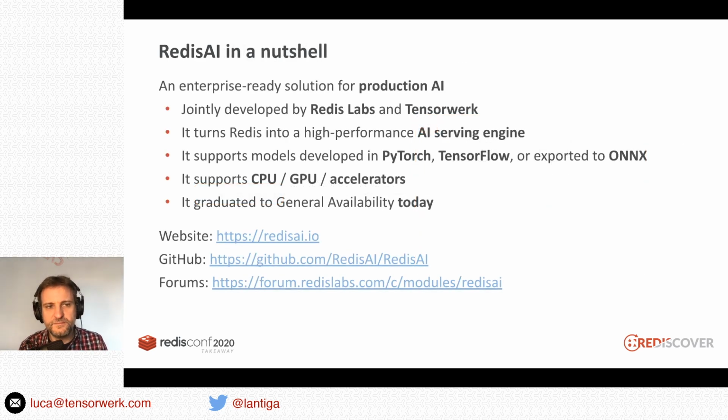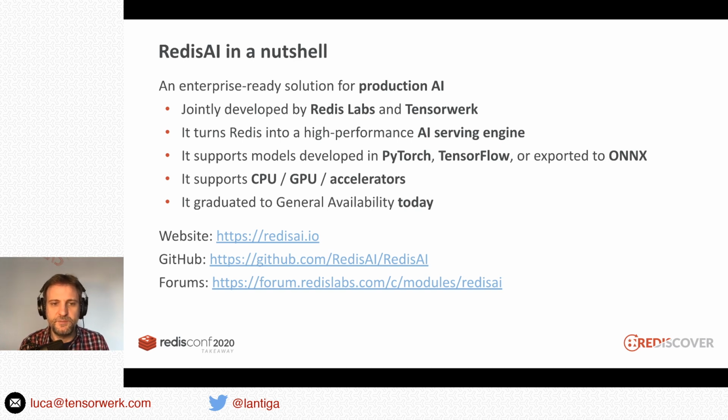So in a nutshell, it's an enterprise-ready solution for production AI. It's been developed jointly by Redis Labs and TensorWorks, the company I represent here. It turns Redis into a high-performance serving engine. It supports multiple frameworks, so PyTorch, TensorFlow, or anything that can export the model to ONNX, which are nowadays many other frameworks, even in machine learning, not necessarily deep learning.